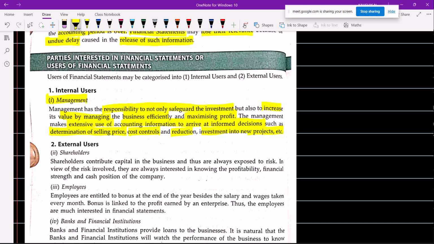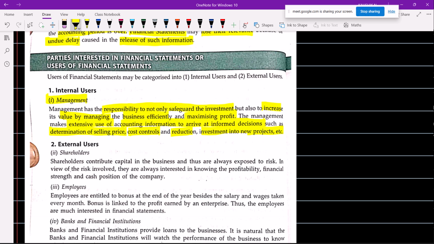Obviously I am a company dealing in a particular line of business, and my company definitely has a management, because as you learn in BS, management is present everywhere, it is inevitable. Management needs to take decisions like deriving the selling price of this particular product. If I want to arrive at the selling price, obviously I need to do some workings with the help of the financial statement.